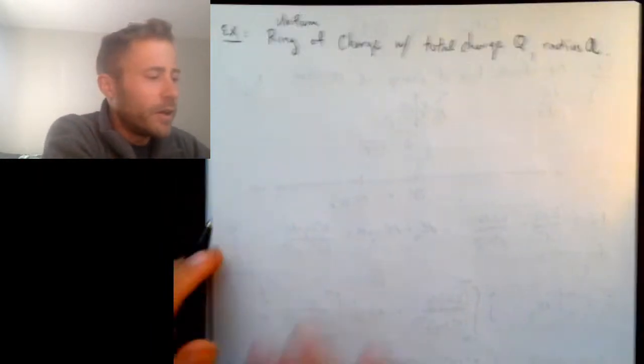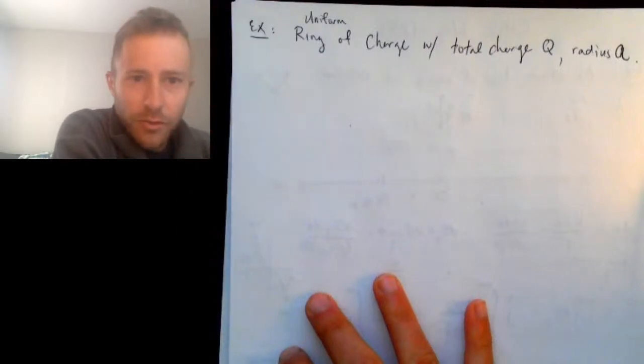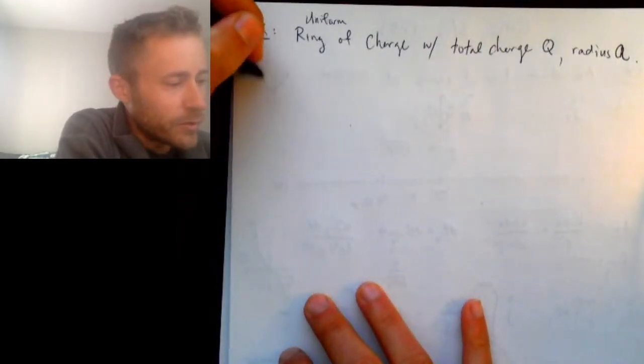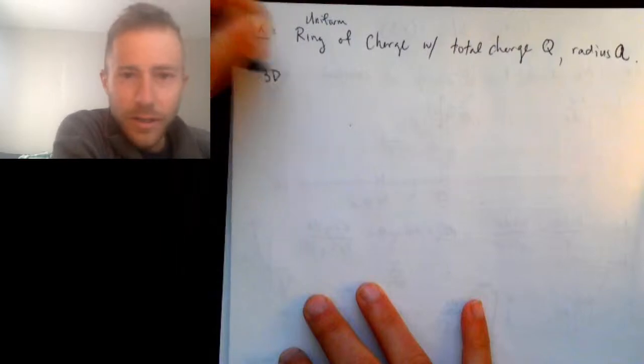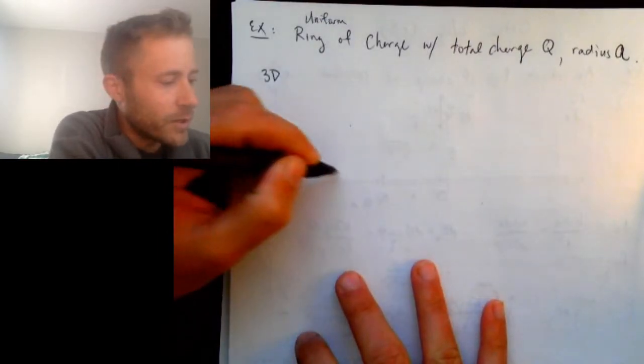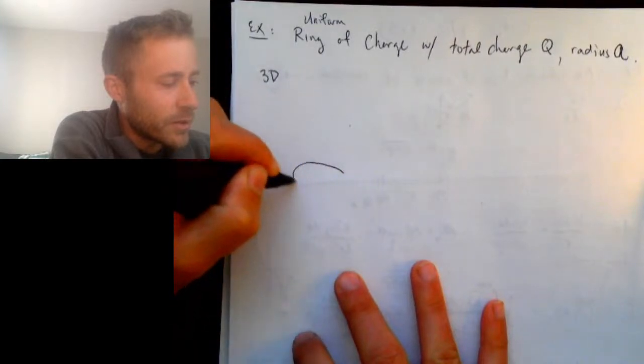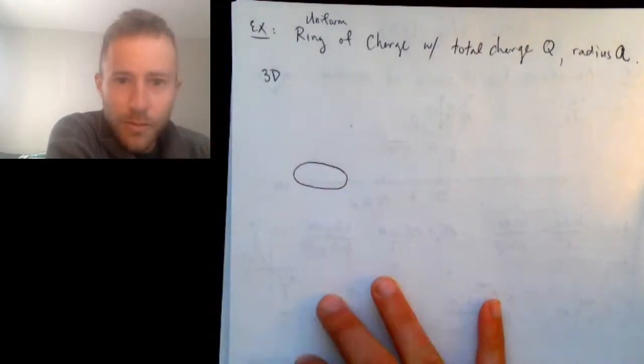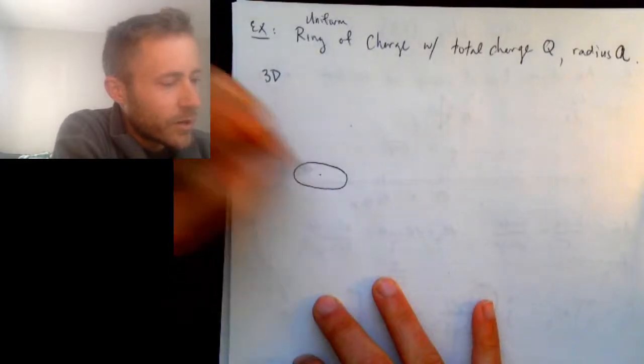All right, and so I'm going to draw this from a couple of different perspectives. So we have a 3D view. The 3D view is going to kind of look like, here's the ring. So the ring becomes an oval. Here's the center of the oval.